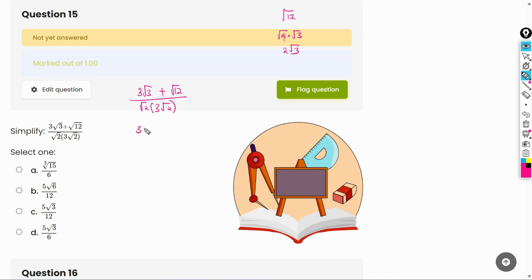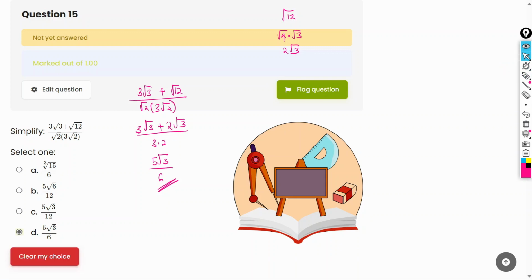So we have 3 root 3 plus 2 root 3 over, now multiplying the denominator, it's just going to be 3 times 2, because root 2 times root 2 is 2. So we have 5 root 3 over 6, that's option D. That's it for question 15.